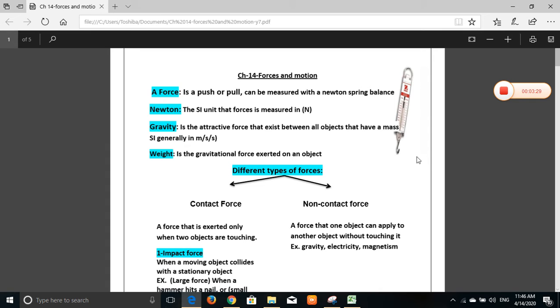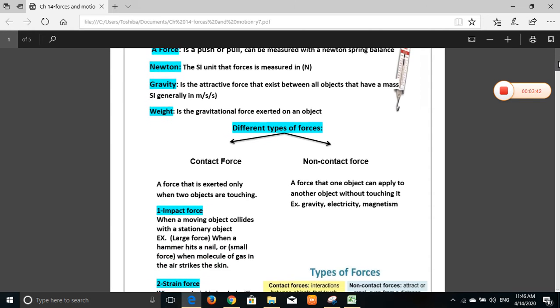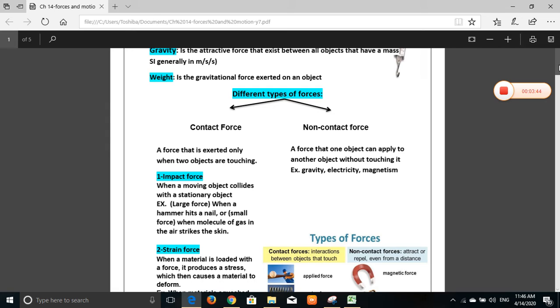Okay? Now, we mentioned types of forces. We have two main types of forces: contact force and non-contact force. Contact means touching. Two objects touch each other, so one of them exerts force on the other. This is called contact force.